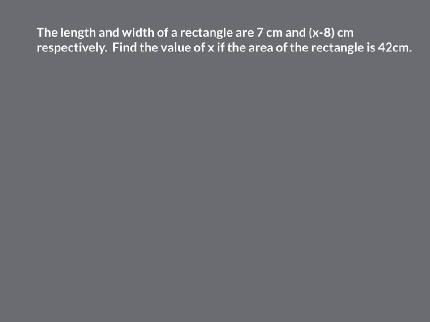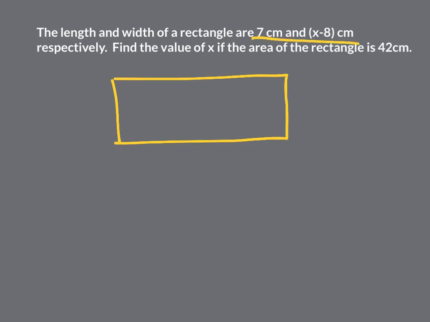Okay, let's see one more. The length and width of a rectangle are 7 centimeters and x minus 8 centimeters respectively. So that means this order is this order. Length is 7 and width is x minus 8.